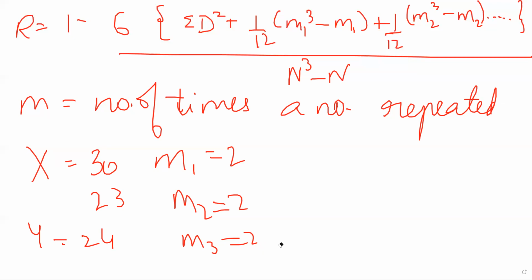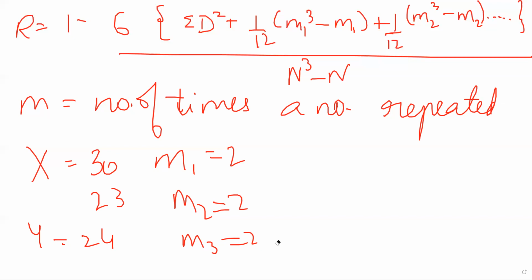Once you add the ranks, 1.5 came two times, 5.5 came two times, and there was another rank, 7.5, repeating 2 times for 24. That is our M3. You can assign whatever number, you can put 24 as M3 or 30 as M3. Just make sure that it is consistent. If a number is repeating 3 times, that number will come as 3.